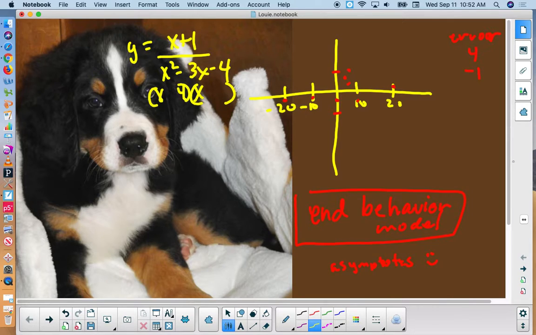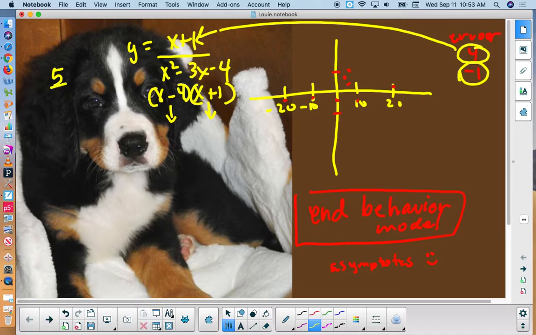So I'm going to put 4, 1, minus, plus. Y'all okay with that? All right, so what makes this 0? 4. Look at this. What makes this 0? There we go. There were the two places it was undefined. Now what I'm going to do is fill those into the numerator because my calculator gave me an error for both of those. What happens if I fill 4 into the numerator?